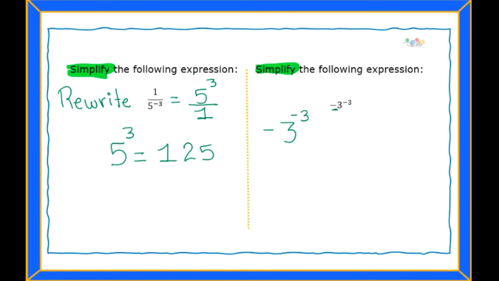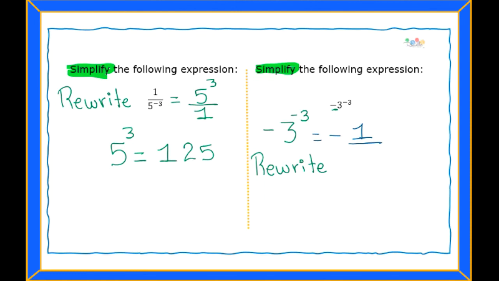So I'm going to need to rewrite it. Anytime that we have a negative exponent, we need to rewrite it. That negative in front, I'm going to leave it alone. In my numerator, I will write down a 1.